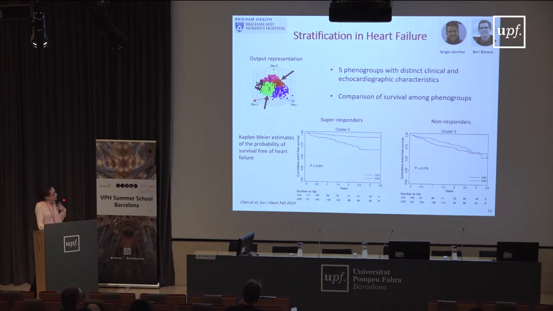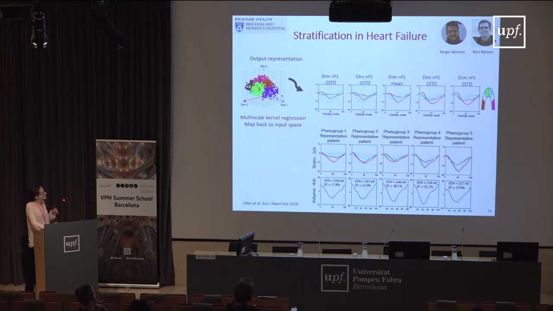On the other hand, there was another phenogroup which seemed not to benefit from the therapy. So these were the non-respondents. And then there were the other 3 that present a slight improvement with cardiac resynchronization therapy, but not as significant as these ones.